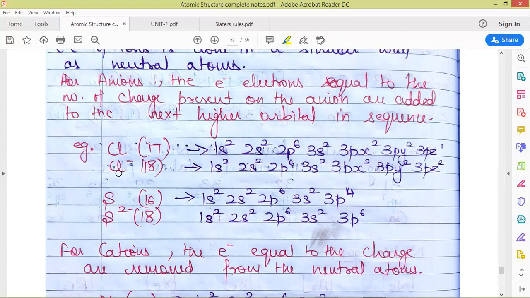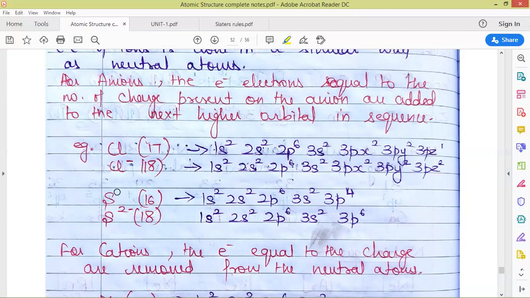So for chlorine negative, a total of 18 electrons are going to be there. The next electron, which this anion has gained, will go to the last vacant orbital, the 3pz orbital of the 3p subshell.